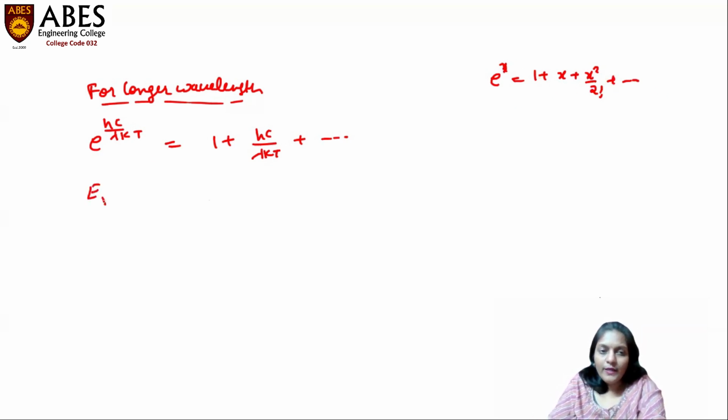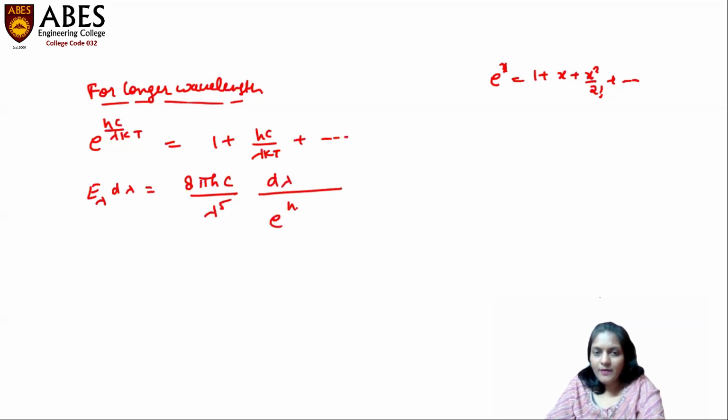So this formula E lambda d lambda is equal to 8 pi hc upon lambda to the power 5 d lambda upon e to the power hc upon lambda kT minus 1. So I am expanding this hc by lambda kT.